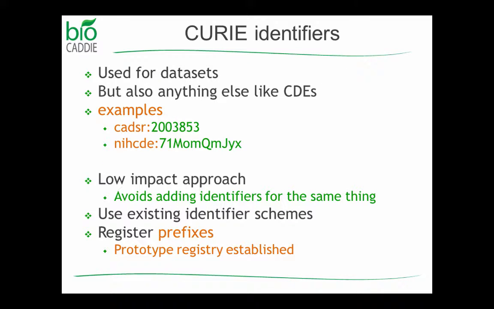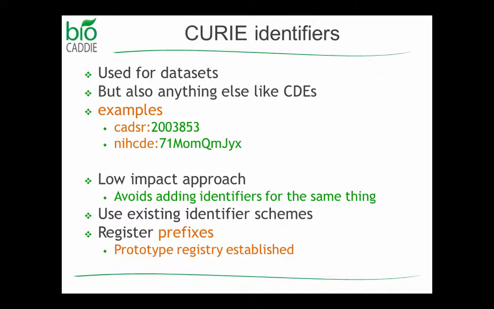This connects very nicely with what Chris was just talking about, using identifiers for data elements. We're using them for data sets, we're using them for other things. The proposal here is that we should be using them for data elements as well, and hypothesizing what prefixes are yet to be confirmed, but this is how you would take the identifiers that are used in caDSR and the NIH CDE repository and turn them into queries.